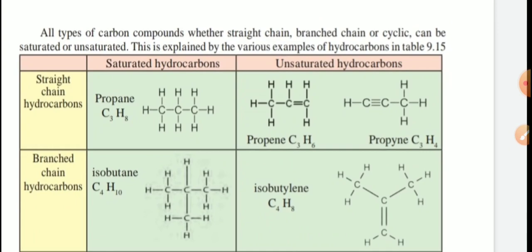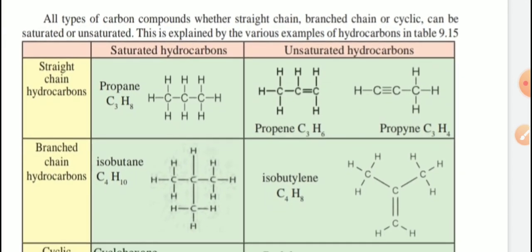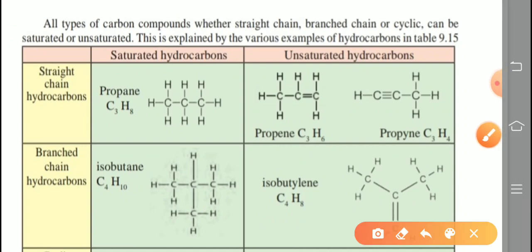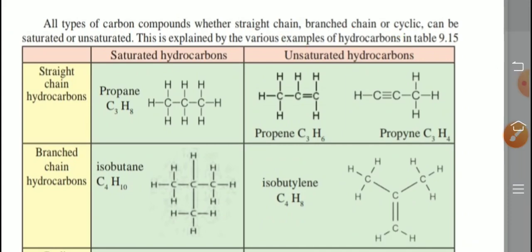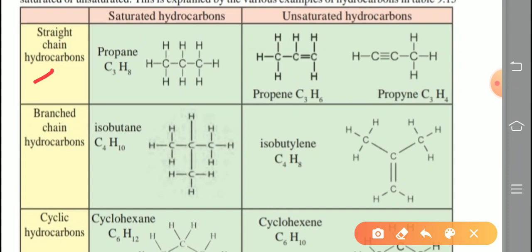Next one, all types of carbon compounds, whether straight chain, branch chain or cyclic, can be saturated or unsaturated. This is explained by various examples of hydrocarbons in the table below, table 9.15. First one, straight chain hydrocarbon.